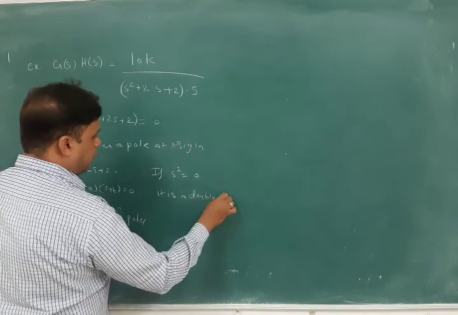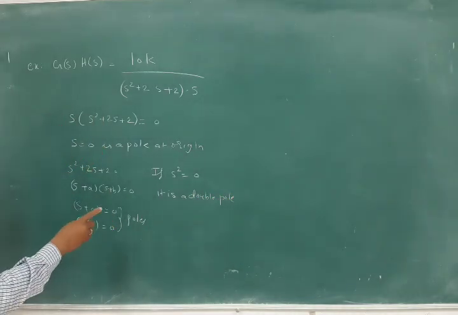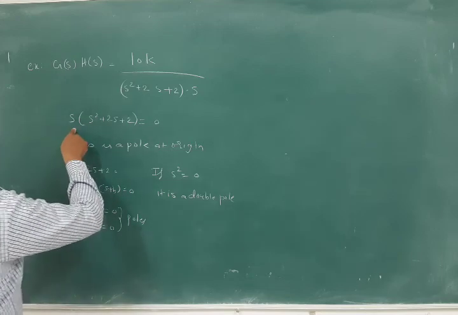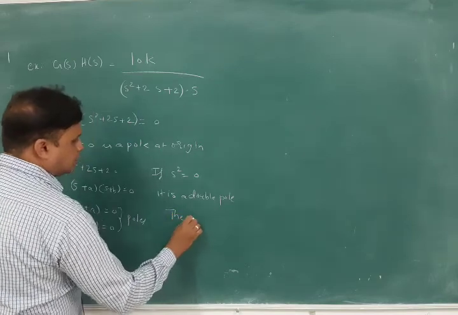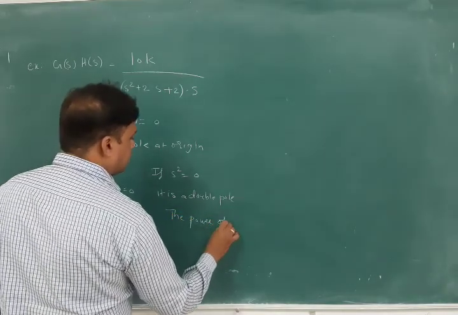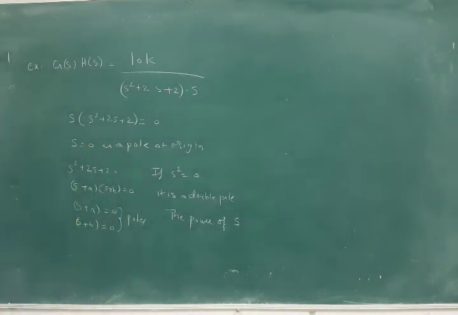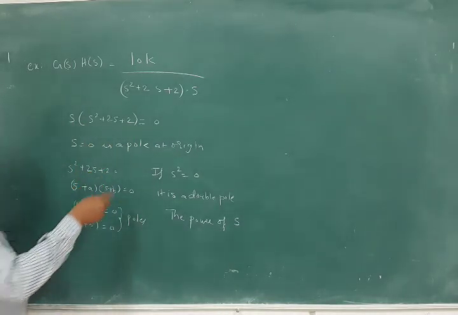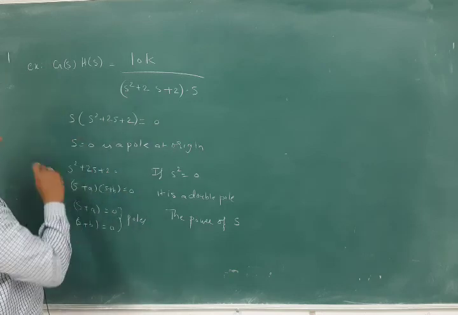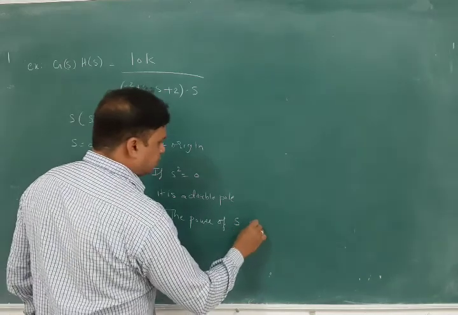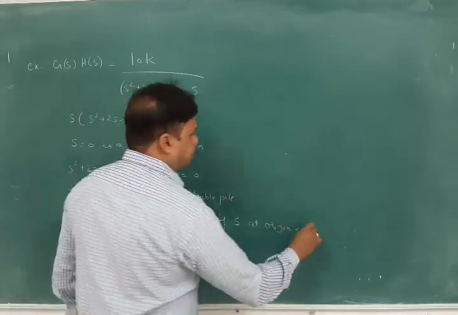Next, what is the power of s here? The power of s at origin is called the type.